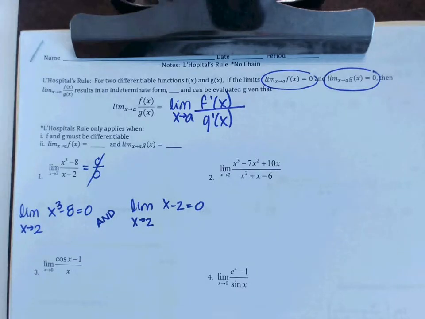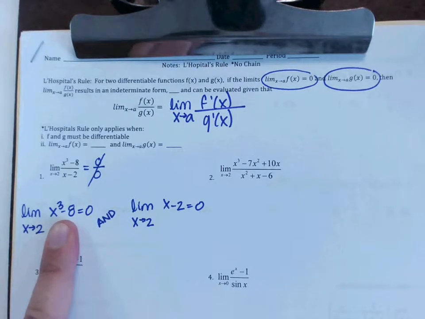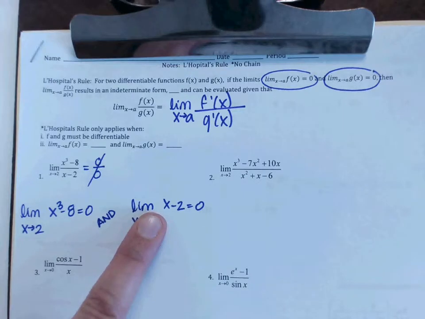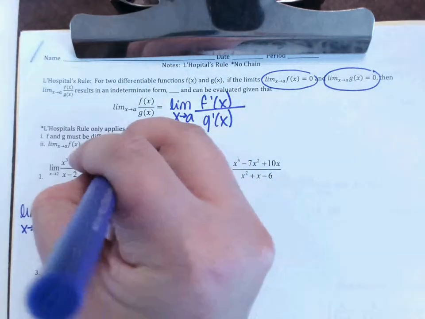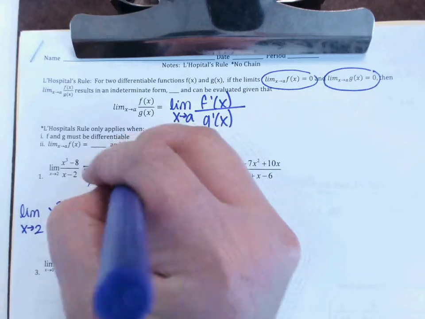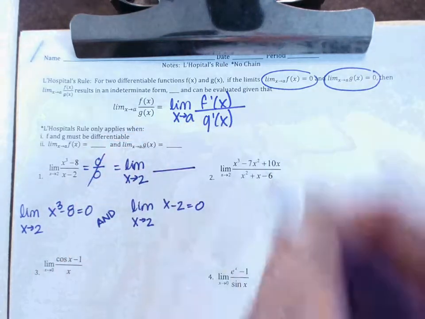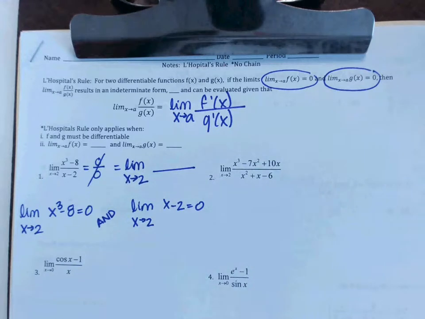They're not going to keep grading your paper for the AP test. So you would write those limits separately, and then it's allowed. So my top limit came out to 0, my bottom limit came out to 0, then I'm allowed to use this rule. So, equals the limit as x approaches 2, and then I'm going to take the derivative of the top, take the derivative of the bottom, and then try the limit again.